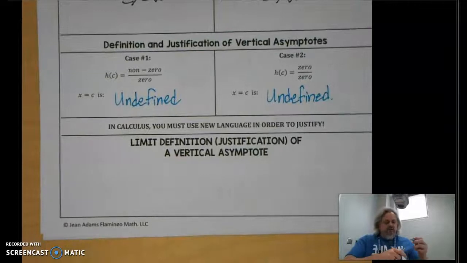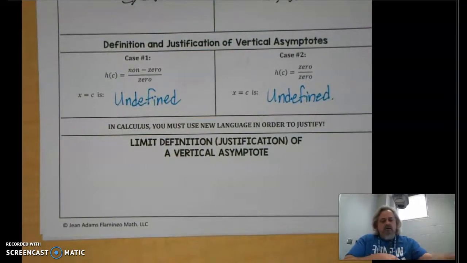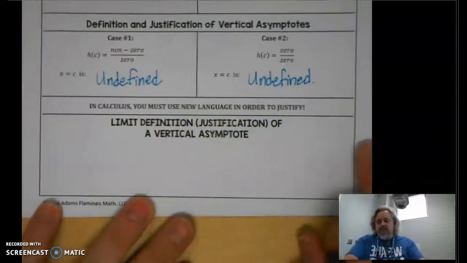So the limit definition of identifying where there's a vertical asymptote. This is what we're going to say.